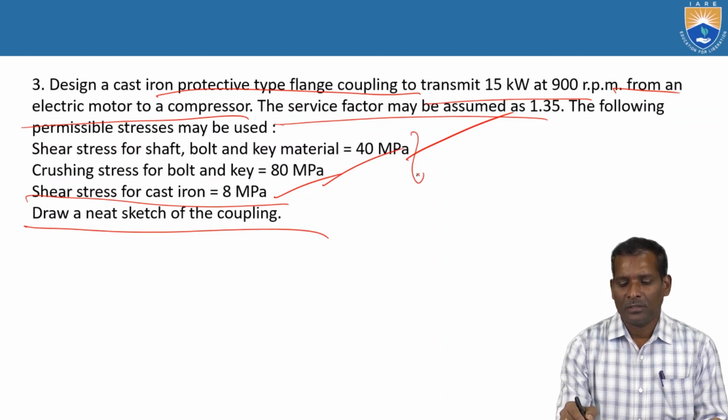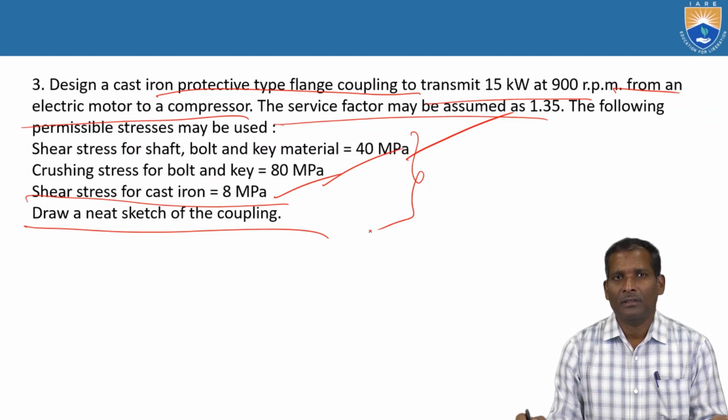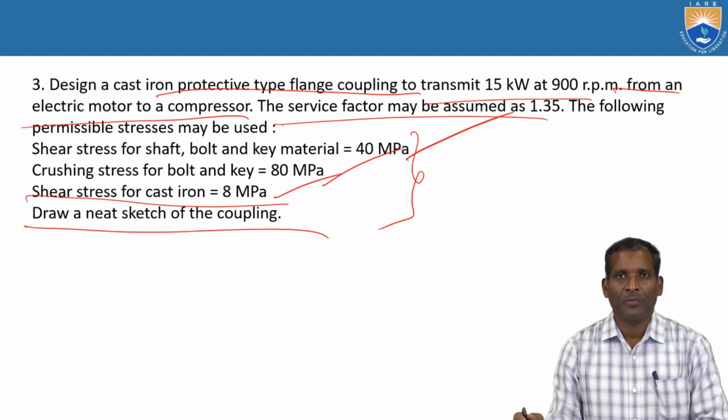These values need to be checked for shear stress for key material and shaft material, and similarly the crushing stress for the bolt, key and cast iron need to be verified.